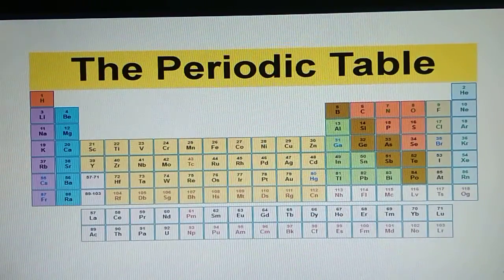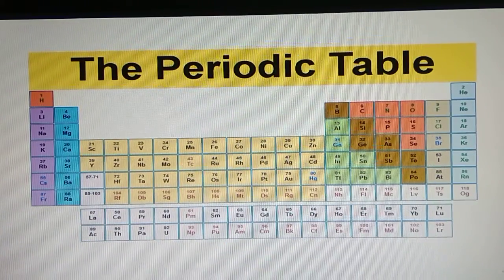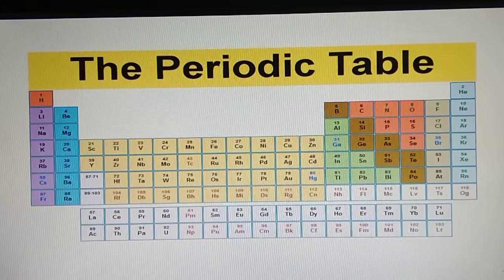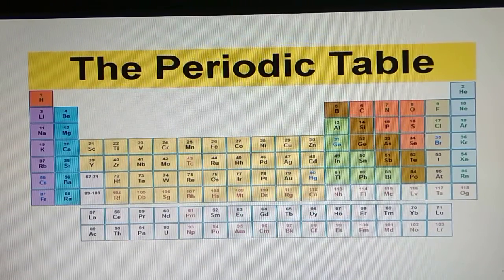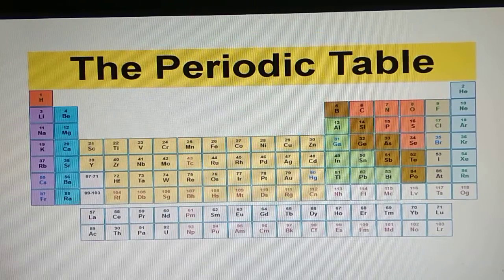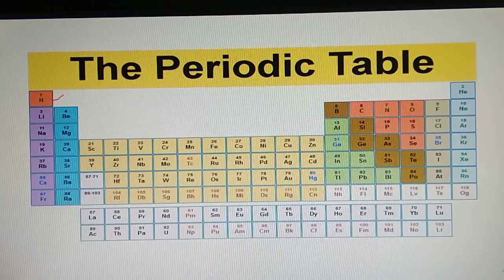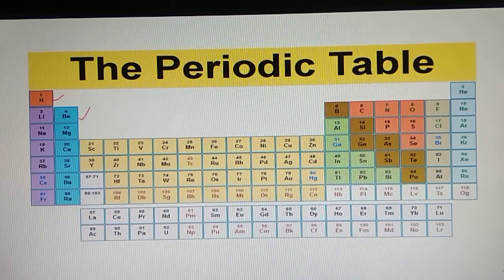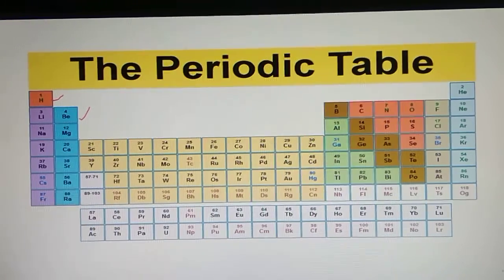So this is a periodic table. You should know which is the shortest period and which is the longest period. See, first period is the shortest period. Then second is short period. Then third is short period.